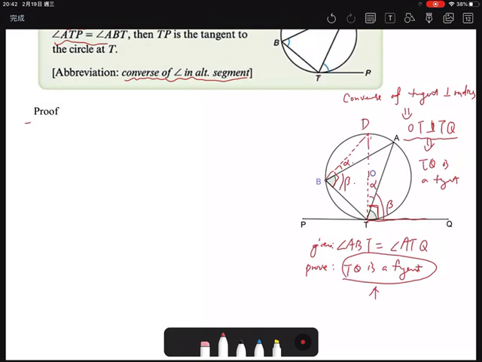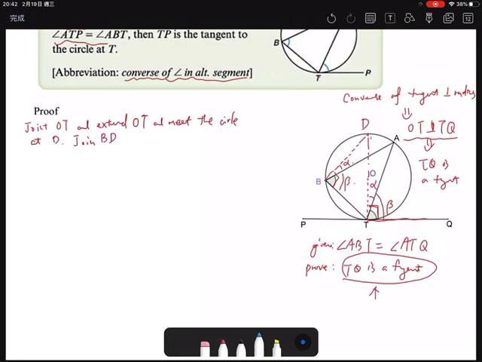So now let's organize the proof. It's the same. Join OT and extend OT and meet the circle at point D, and also join BD.